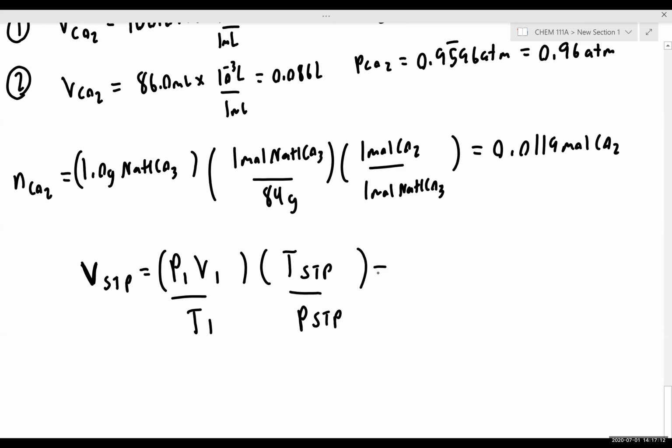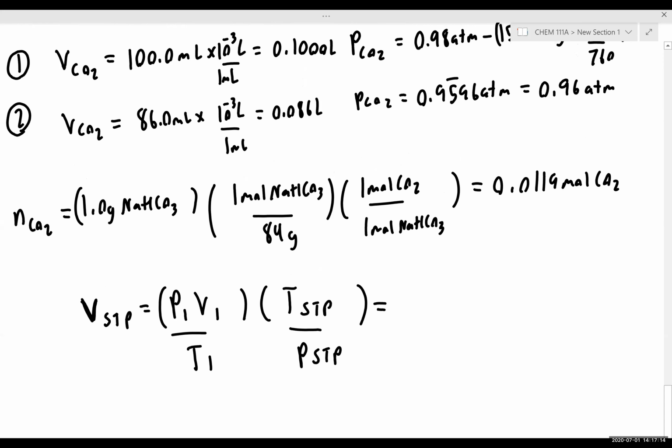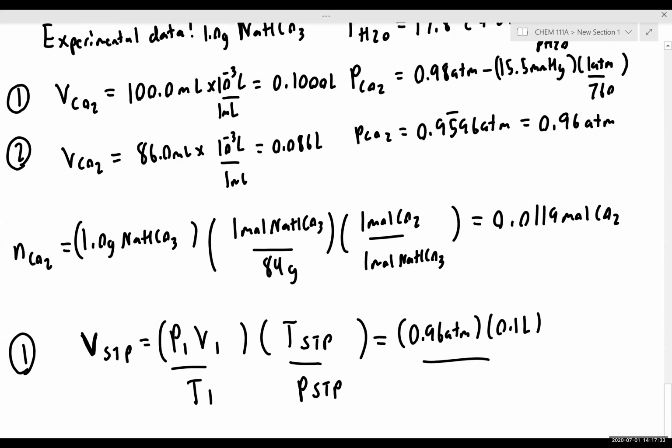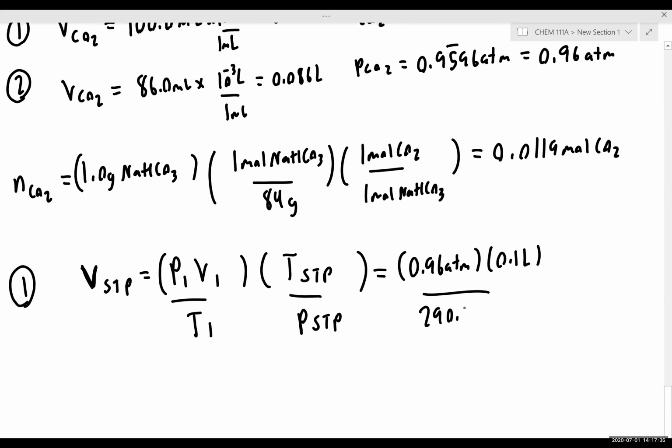If we punch in our data now, for trial one, our pressure is 0.96 atmospheres. Our volume for trial one is 0.1 liters. Our temperature, which we established, was 290.95 Kelvin.